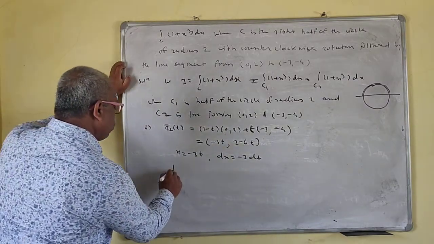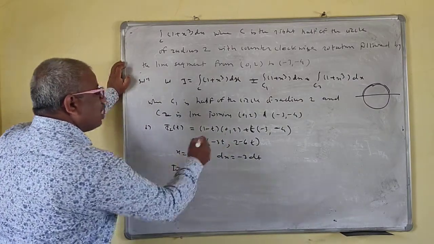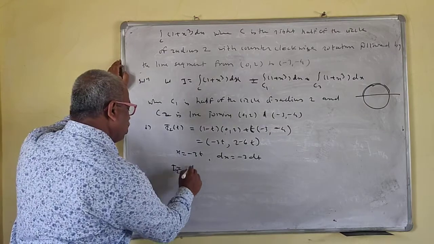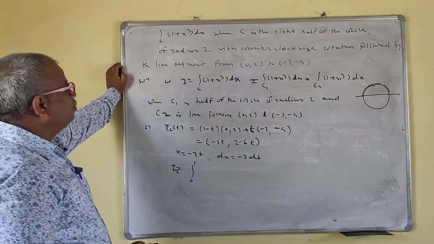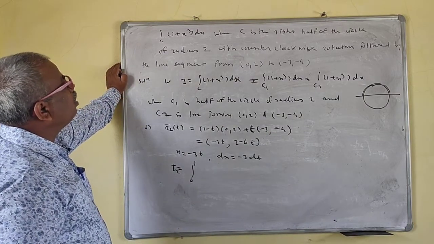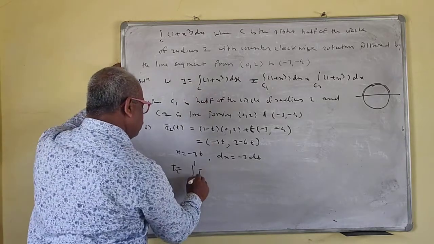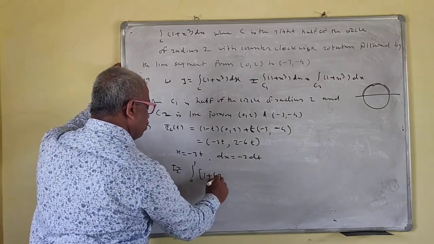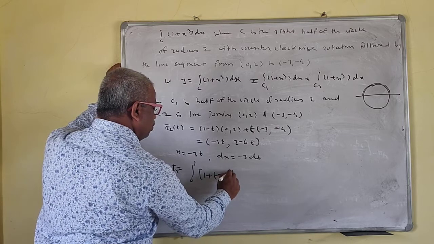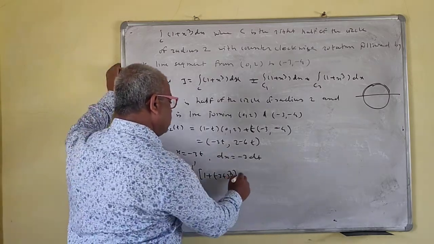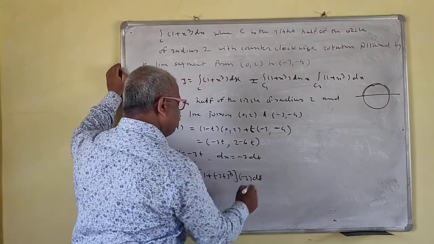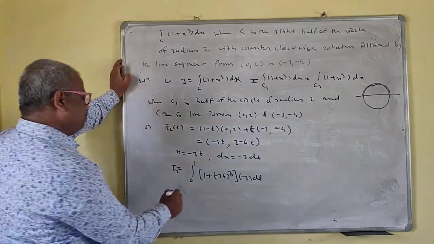Therefore your I2 is equal to, since you are on a straight line, your range of t is always 0 to 1. So 1 plus x cube, with x equal to minus 3t, and your dx is minus 3 dt. You have to take care of the sign, note that.